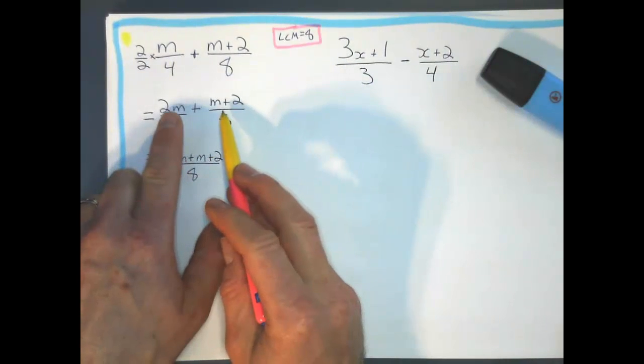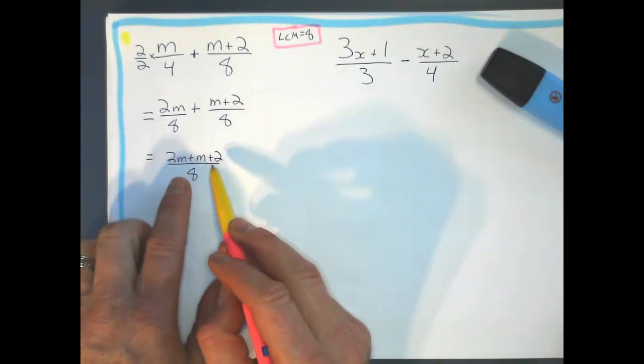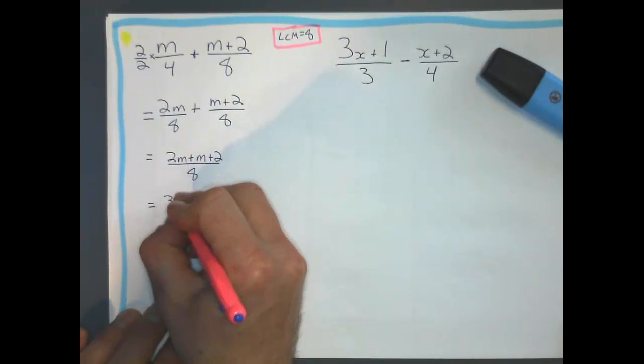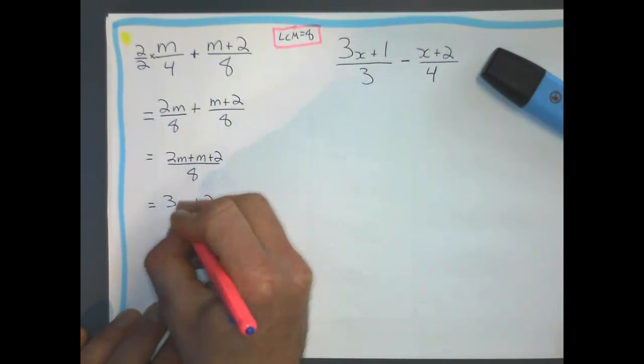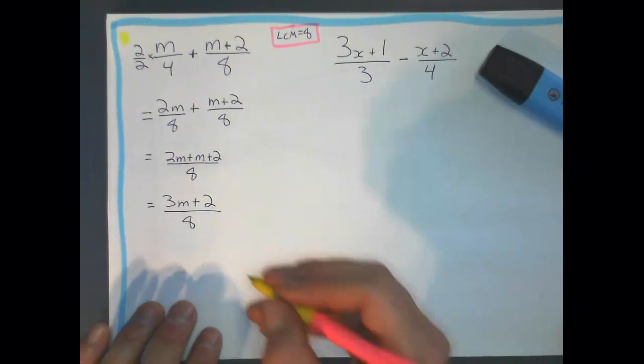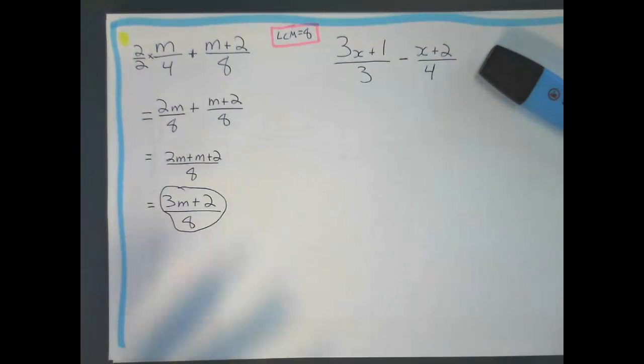I'm combining these two expressions in the numerator, and I collect like terms to get 3m plus 2, can't combine anything there, all over 8. I don't get a value for that, but that's as far as I can go.